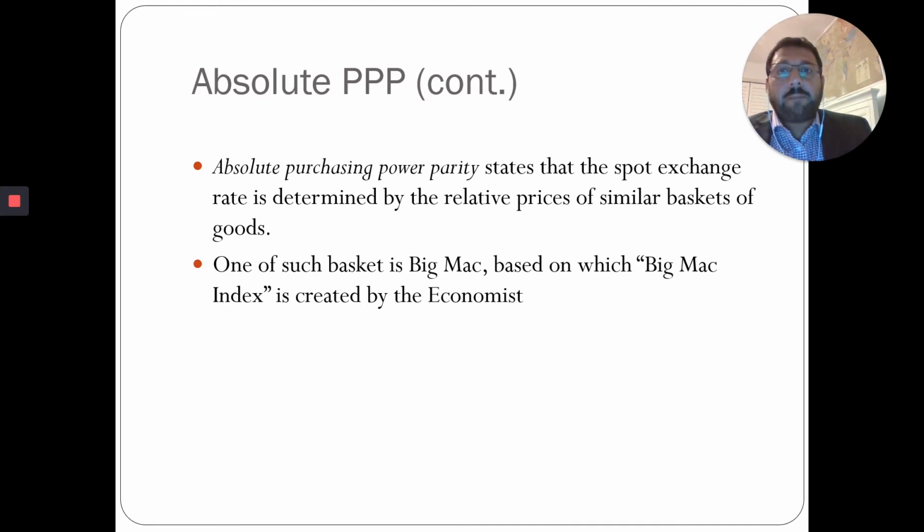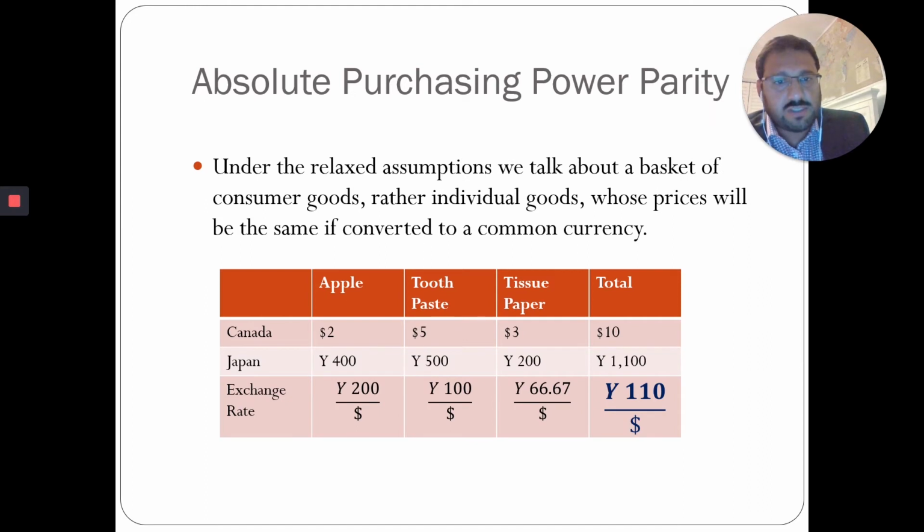Now the absolute purchasing power parity states that the spot exchange rate is determined by the relative price of a similar basket of goods, what I just mentioned over here. It will not be determined by the exchange rates inferred from the prices of the individual goods, but by the overall basket of consumer goods.